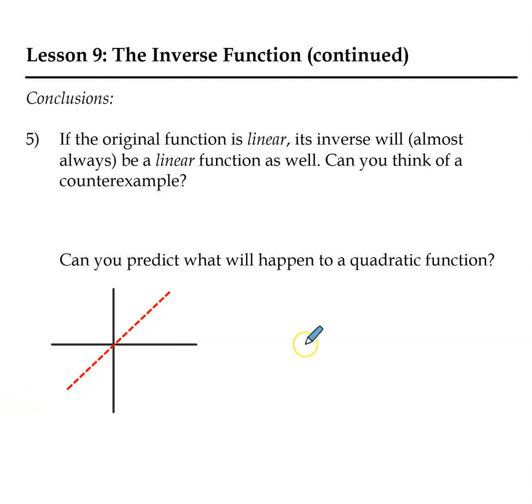So if the original function is linear, its inverse will always be linear. Is there an example where this isn't true?